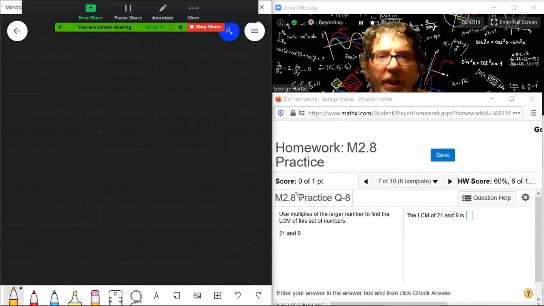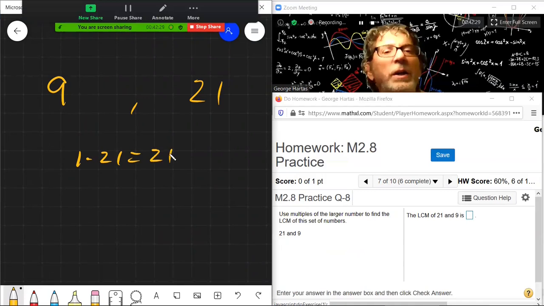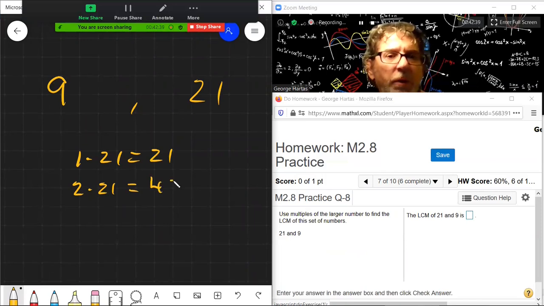Okay, so they want the same technique, which is good. Let's try the same technique. So we have 9 and 21. Well, 21 is the same as 1 times 21. Does 9 go into 21? No. Take the next multiple of the bigger number, 2 times 21, which is 42.